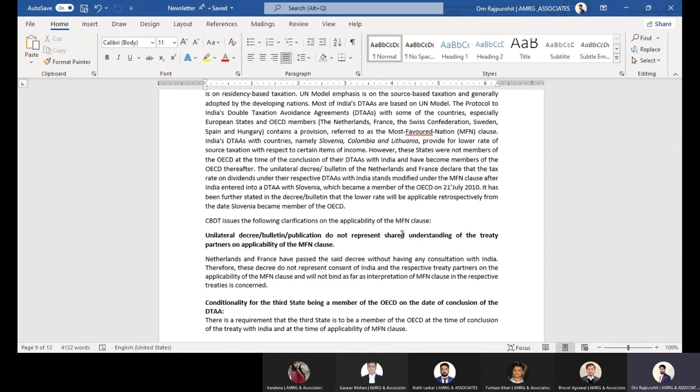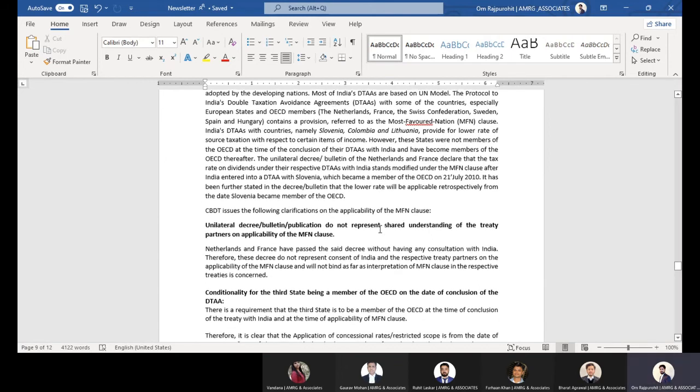But India also executed some DTAA with Slovakia and Colombia, wherein the tax rate on dividend is only 5%. So considering that, the Netherlands entity invoked the MFN clause and filed that the TDS rate should be only 5%, and accordingly the reduced rates should be applicable.